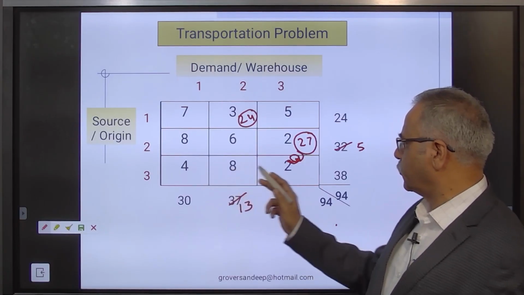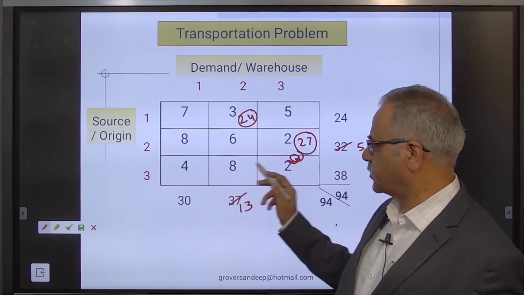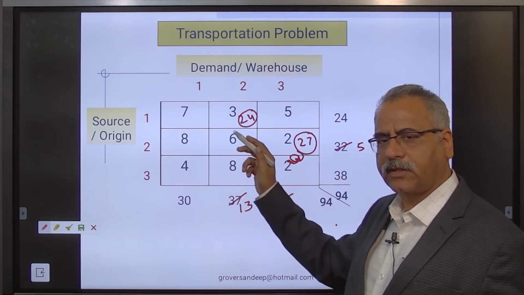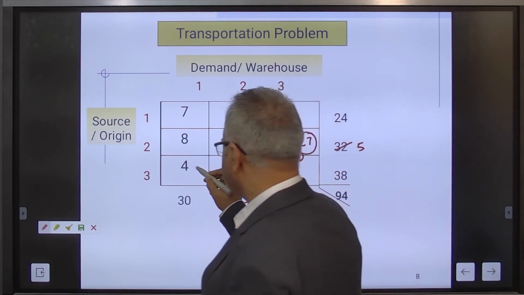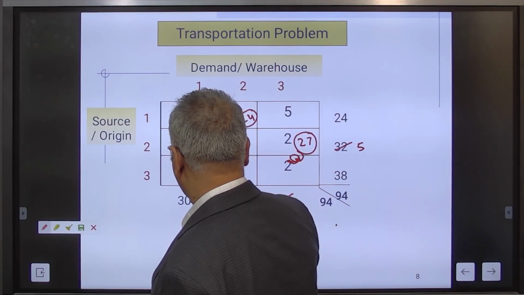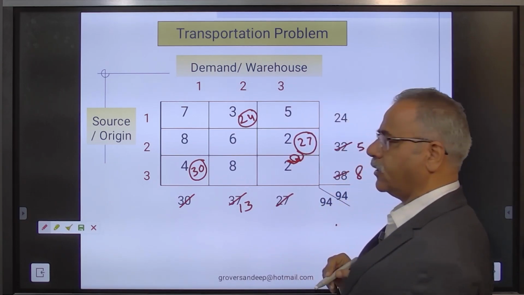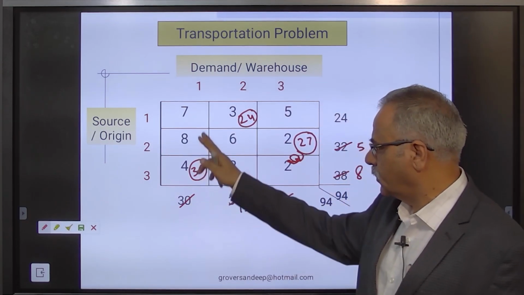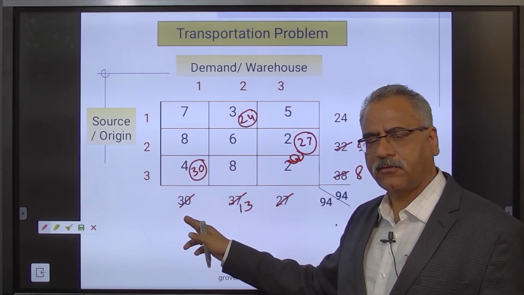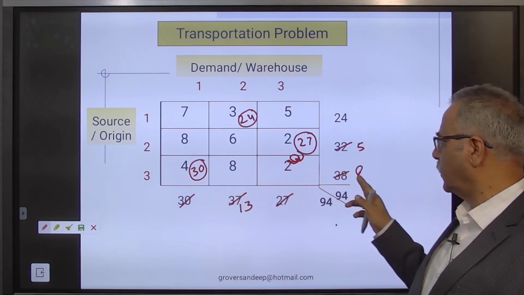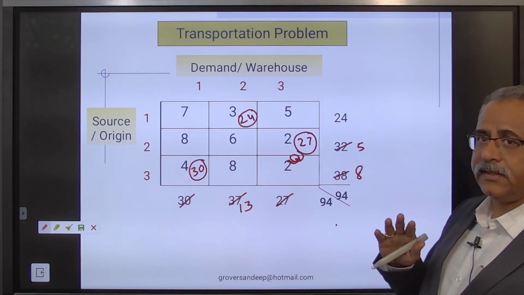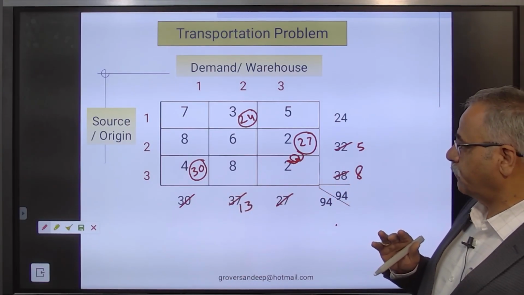So, how much allocation can you make here? The capacity of origin is 38, okay, and the capacity of the warehouse is 30. So, the maximum allocation that you can make here is 30. Okay. So, when the maximum allocation of 30 is exhausted here, the capacity of warehouse number 1 is over, and then you are left with 8 units in origin number 3.